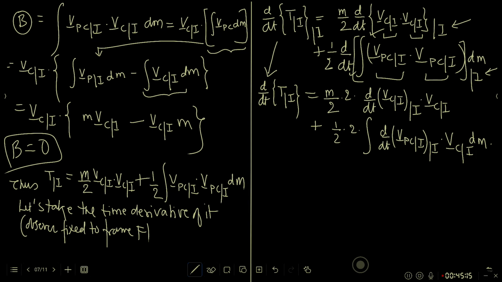Okay. Now the time derivative of VCI with respect to I is nothing but acceleration of C with respect to I. Okay.